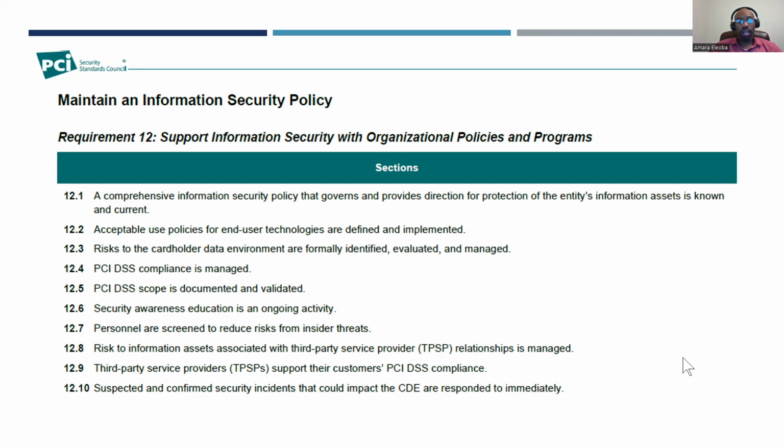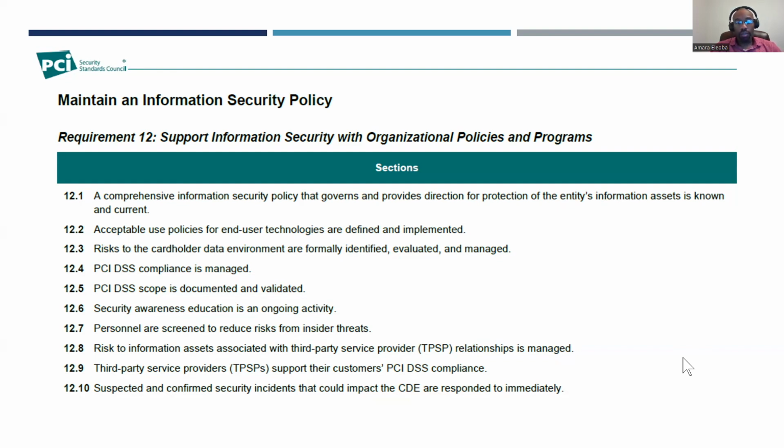12.8, want to make sure that the risk to the information assets associated with your third-party providers is managed. Then 12.9, want to make sure that the third-party service providers are actually supporting their customers' PCI DSS compliance.